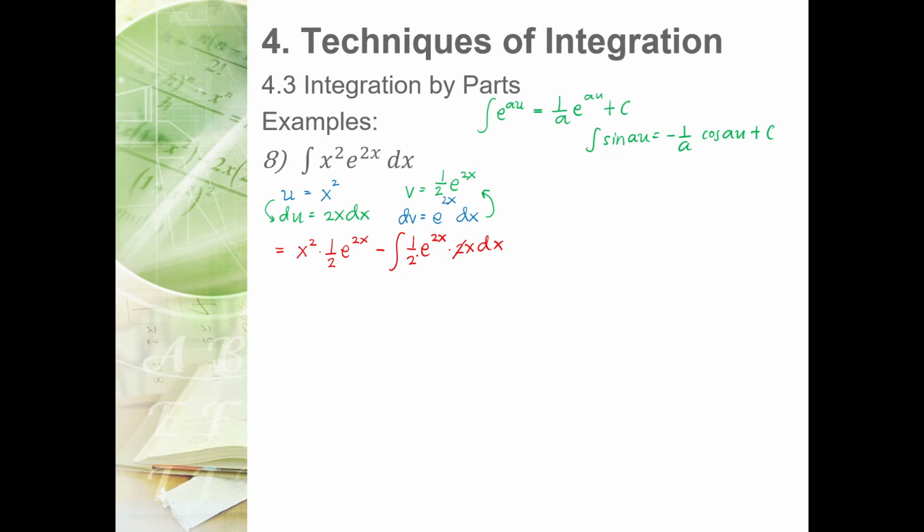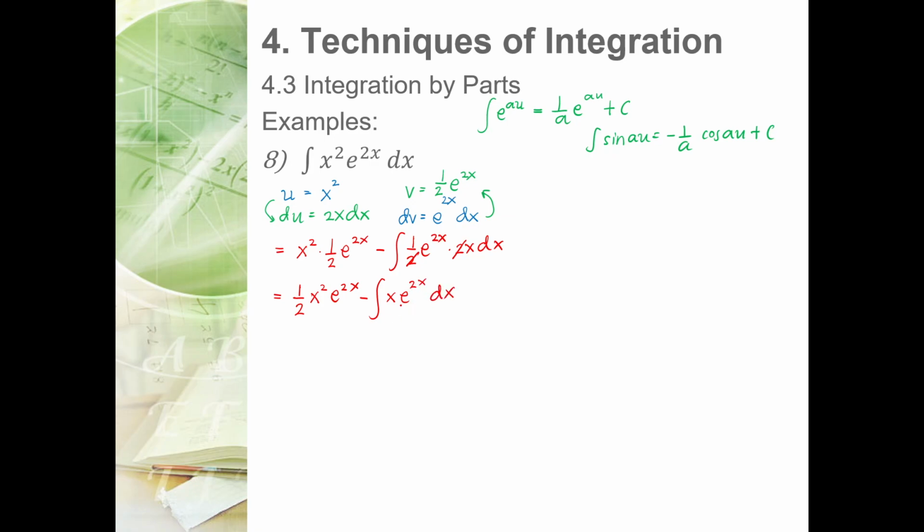Canceling out the 2 here, then simplifying the equation, we have 1/2 x squared e raised to 2x minus the integral of x times e raised to 2x dx.